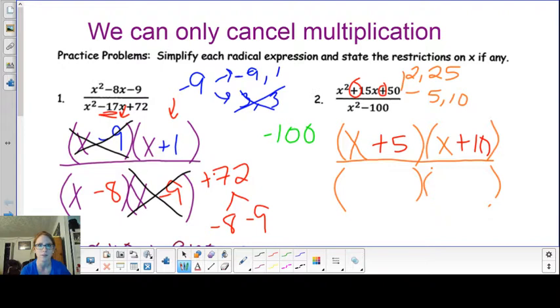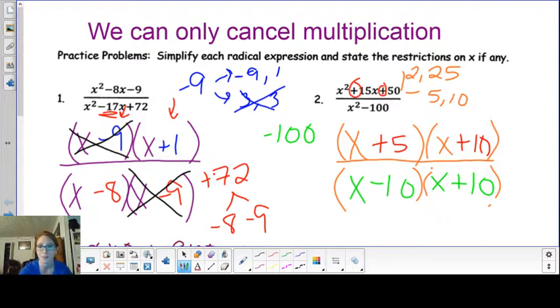It is. What multiplies to 100? 10 and 10. But I want to add to 0 and multiply to a negative. So if I'm multiplying to a negative number, don't I need one negative and one positive? Isn't negative 10 plus 10 0? Do I not have a middle term? Cool.